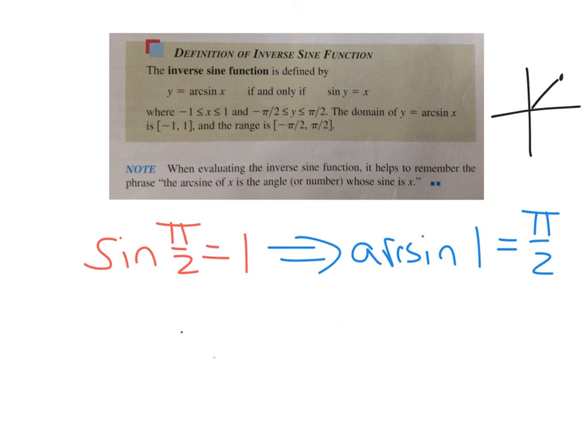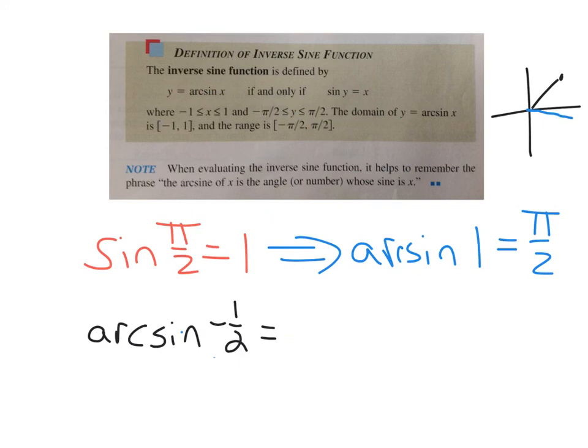Okay, so we'll stick with sine here. So let's say it's the arc sine of negative 1/2. Okay, so you've got to remember your unit circle. We're down here now because we're talking about the y values, since we're referring to sine.